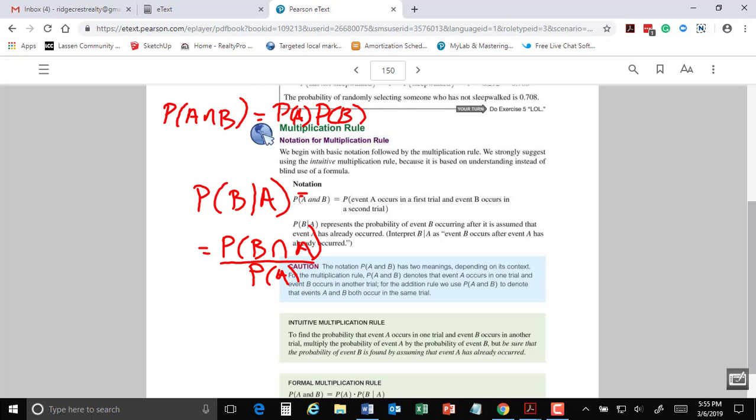But if this is equal to this, I take P of A and multiply it times P of B given A has occurred. If you do this calculation and it comes out to be the same as this, all you're proving is that it's independent. Otherwise it's dependent.